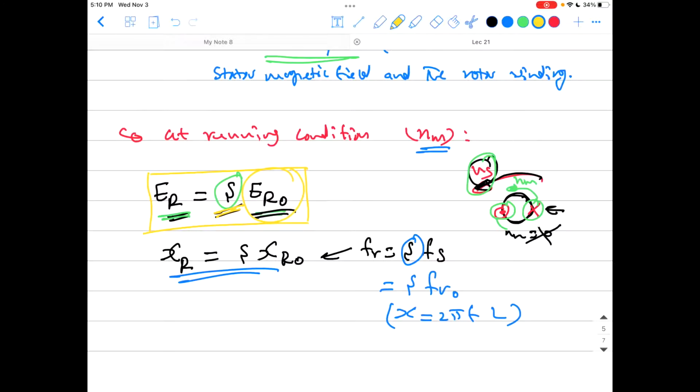At zero speed you have some induced voltage because the magnetic field rotates at synchronous speed relative to the rotor, so it is big. But with the increase in mechanical speed, this relative speed goes down and down, and this reduces the induced voltage. So the induced voltage in the rotor is the slip multiplied by the induced voltage at zero speed.